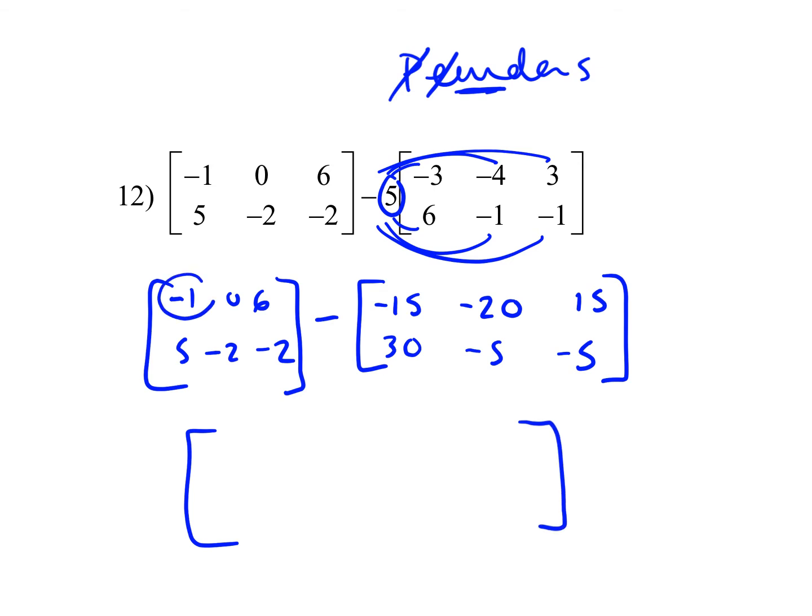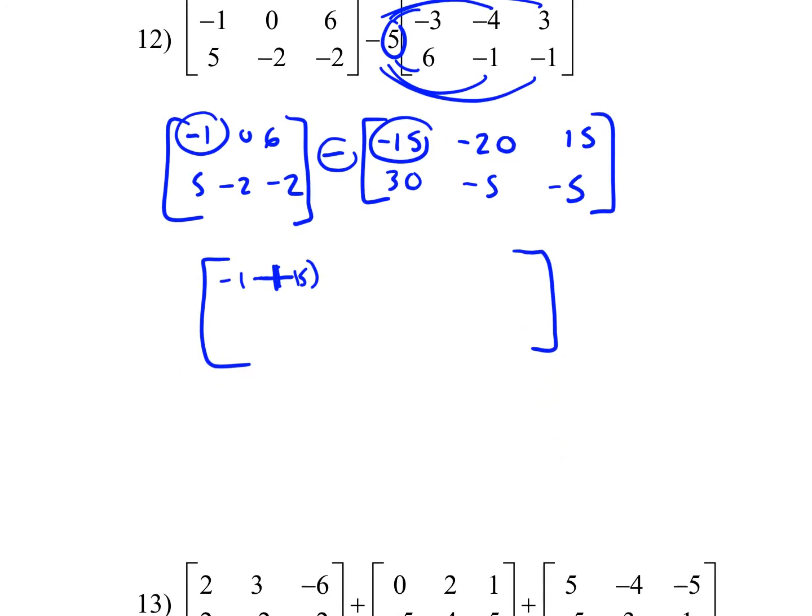Negative 1 minus negative 15. What happens when you have minus negative? Turns into a plus. So it's negative 1 plus 15. 14.